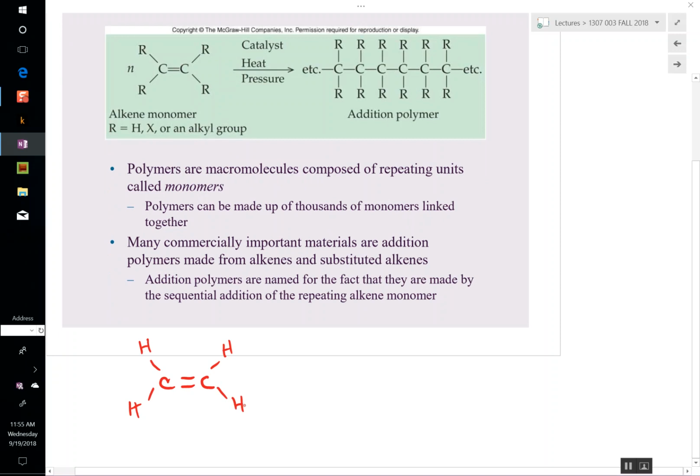That is ethene. Its common name is ethylene. And if you polymerize ethylene, you get polyethylene. And you get a multi-billion-dollar business selling Ziploc baggies.